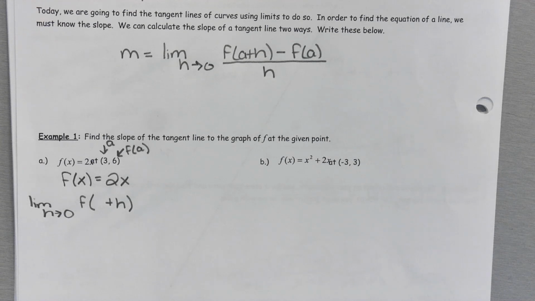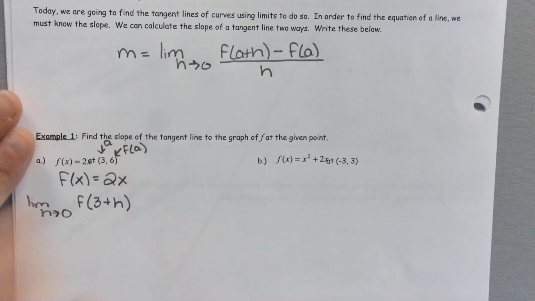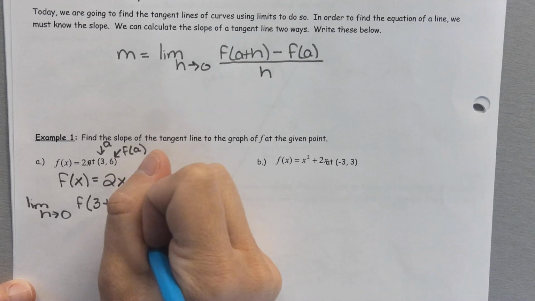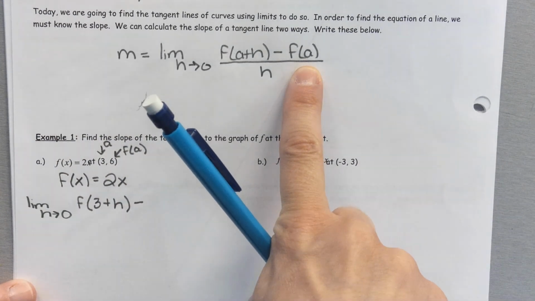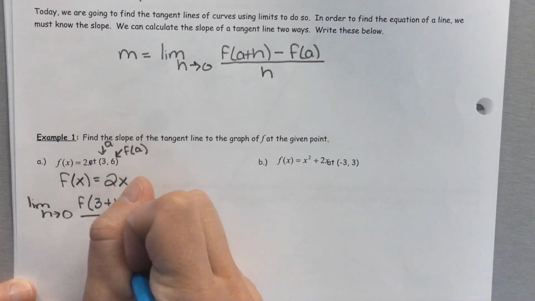My a value I gave you is 3. So I'm going to plug in 3 in place of a. So 3 and a equal to each other. I can sub in one for the other. Minus f of a. What's my f of a? 6. All over h.